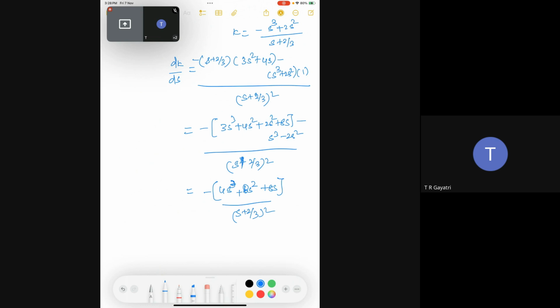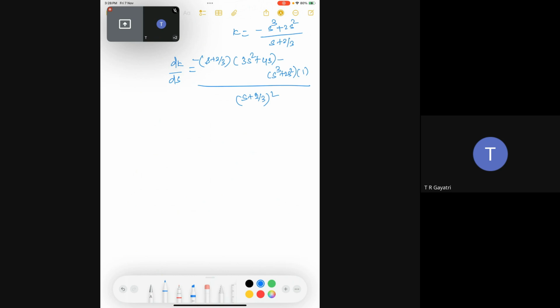It's supposed to be 6s cube. Three s cube plus 2s square, that's right, plus 4s square plus 4, 8 by 3. 8 by 3 is, no? Three s cube plus 4s square, that's right.